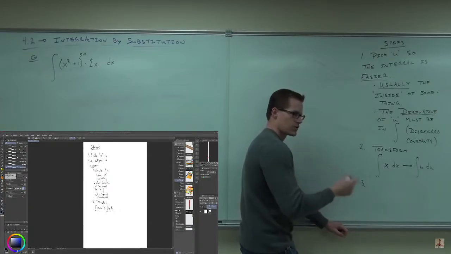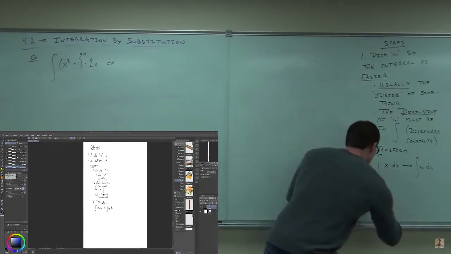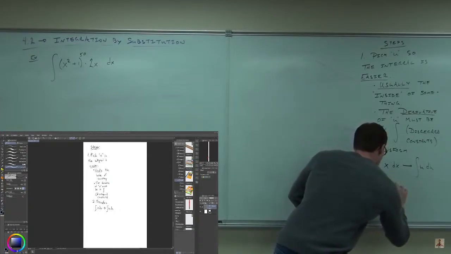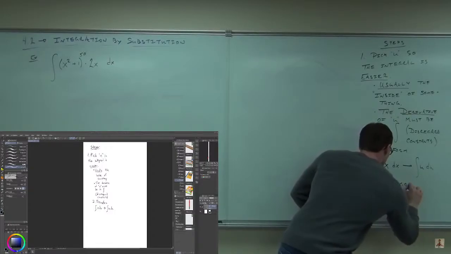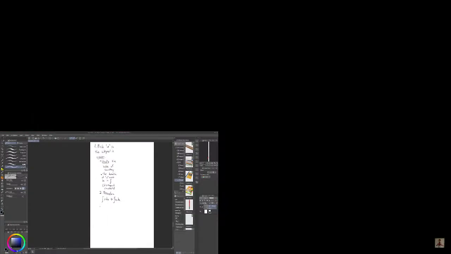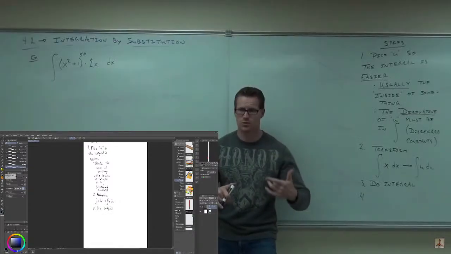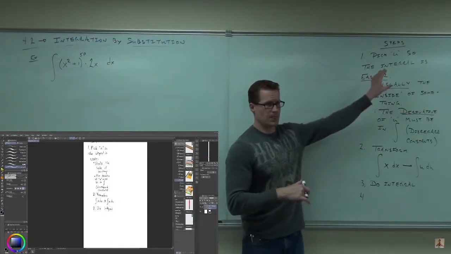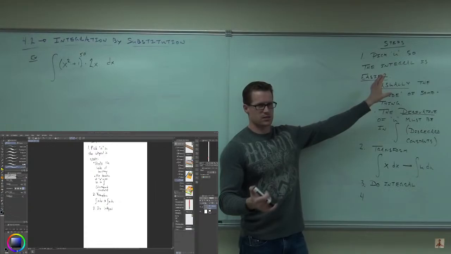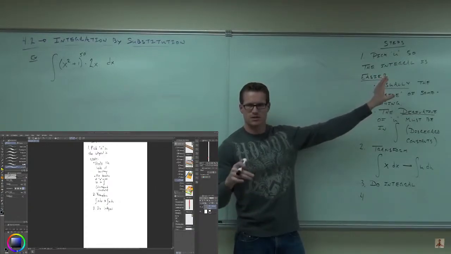Step 3 will be solve your integral, so do integral. And step 4, notice what's happened here. I know it's very vague because I haven't shown you an example, but I need you to think through it with me. You're picking u. U's going to take the place of some x. Do you get that concept? It can take the place of some x.